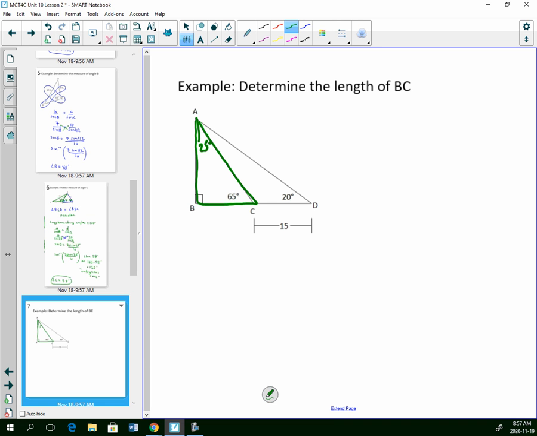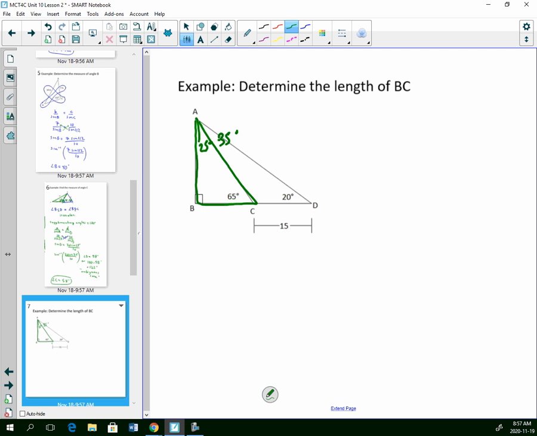If I know that angle, I could find this angle, because if I look at the big one, I've got 90 and 20 and part of the top one, so I could figure out that one. So we've got 90 plus 20 plus 25 is 145. Okay, subtract that from 180. That would be 35. So I know that angle.